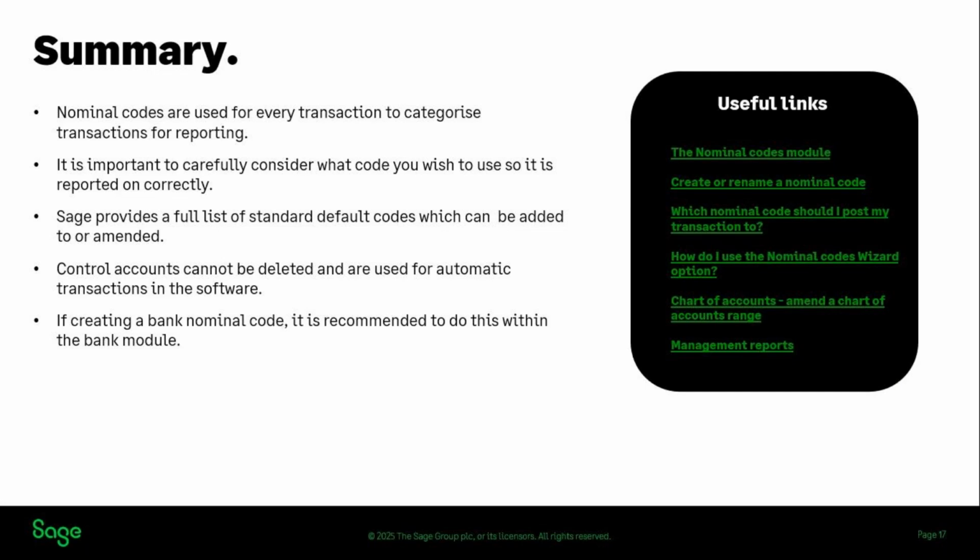Your control accounts can't be deleted, and obviously they're used for automatic posting as shown in the background. 100 to sales, 20 to tax was the example that we used. And if creating a bank nominal code, it's recommended to always do that in the banking module. You can convert them if there's no activity like I showed you, but why take that step when you could just create it from the banking module anyway? Cut out that bit of extra work for yourself.